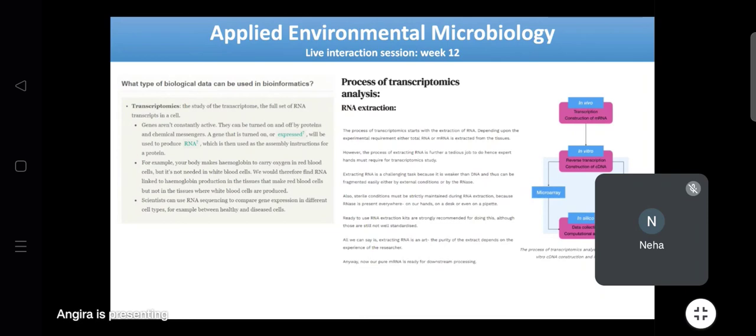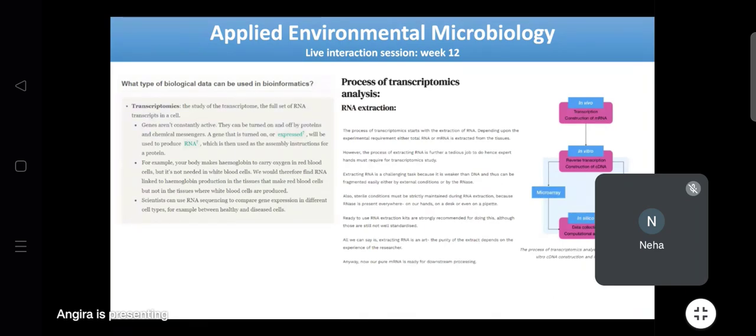This is how the difference in transcriptome from one cell to another is studied with the help of transcriptomics. Scientists use RNA sequencing and computer gene expression analysis to compare gene expression in different cell types, and thereby transcriptomics can compare two different cells, be it healthy and diseased, and tell us which one is which.